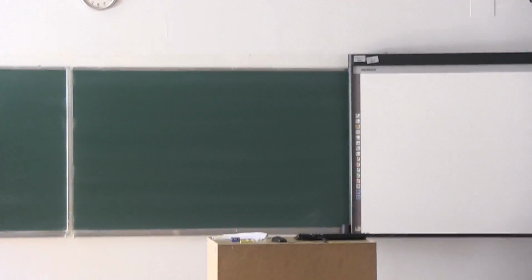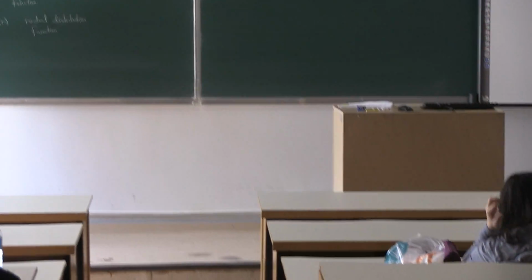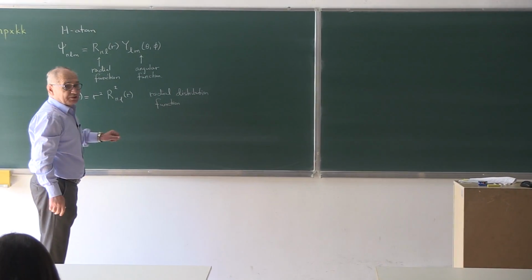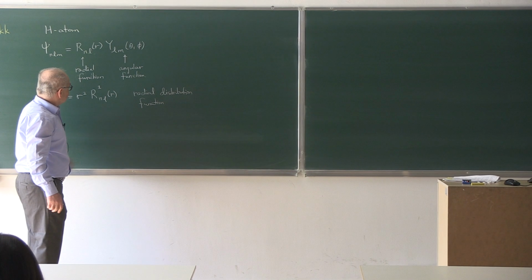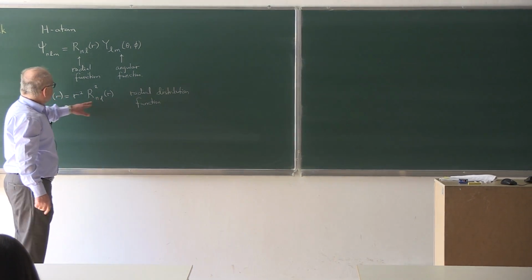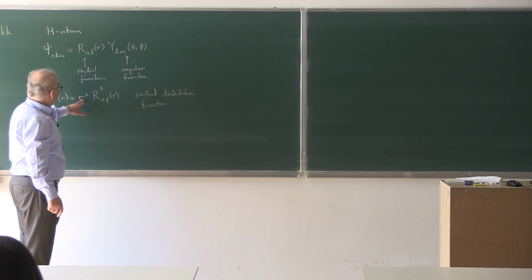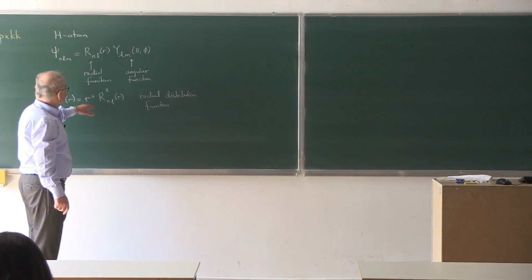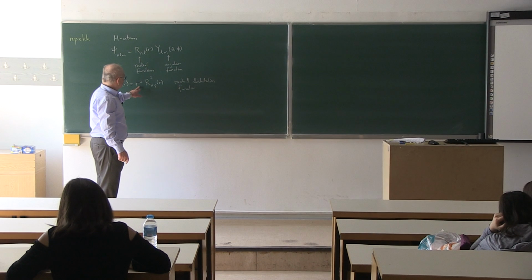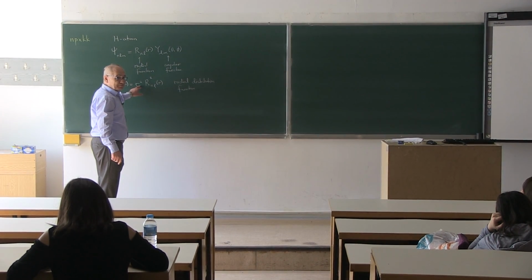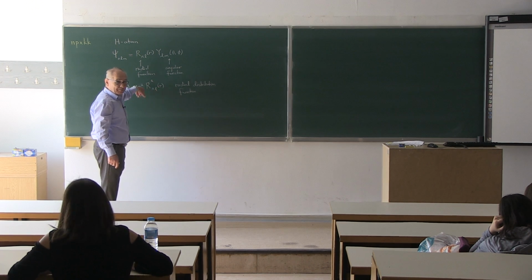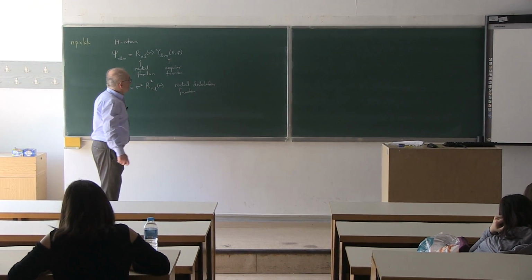All right, let us give some examples about the behavior of this function as a function of r. Notice that all radial distribution functions have zero value at r equals 0 because of this factor, r square here. When r is 0, 0 times anything is 0.